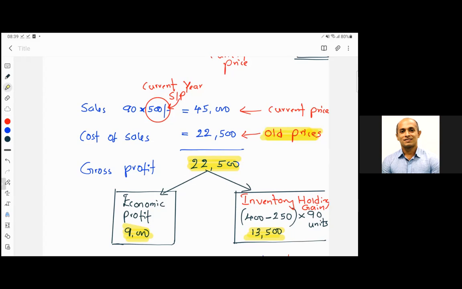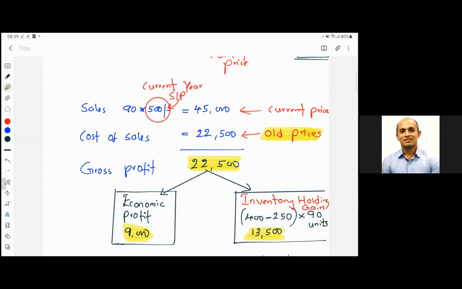Then your profit is overstated. If your company follows FIFO costing, your profit is overstated by inventory holding gains. Therefore, your profit is not suitable for the analysis.